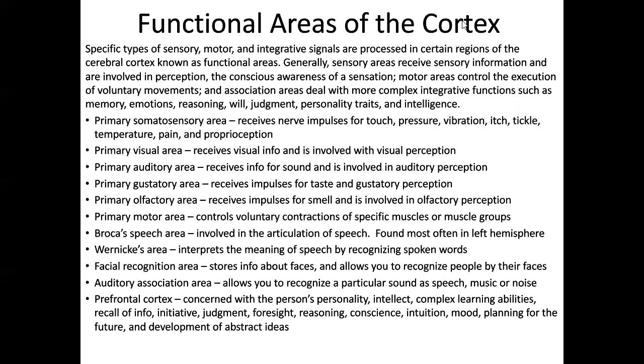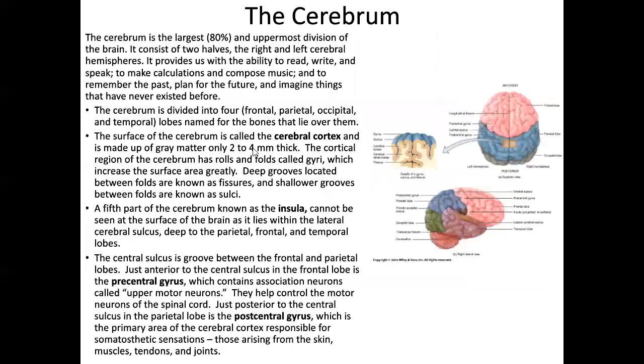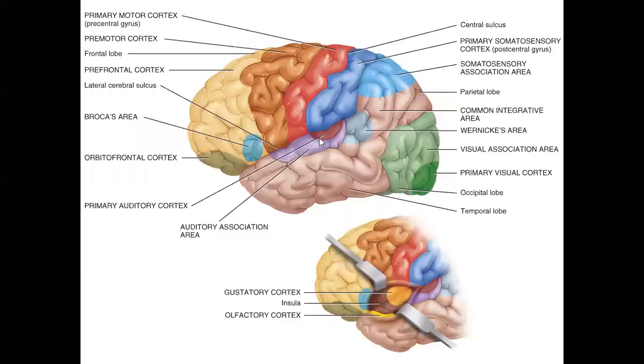The primary somatosensory area is what I was just describing. It receives impulses for touch, pressure, vibration, itch, tickle, temperature, pain, and proprioception. So in other words, all sensory signals coming from your skin, muscles, tendons, and joints. Okay. And once again, that was going to the postcentral gyrus, okay, which in our figure here on the next page, sorry, precentral gyrus.